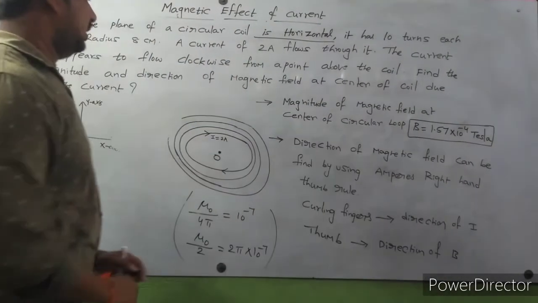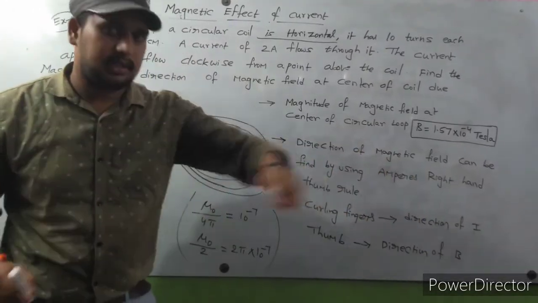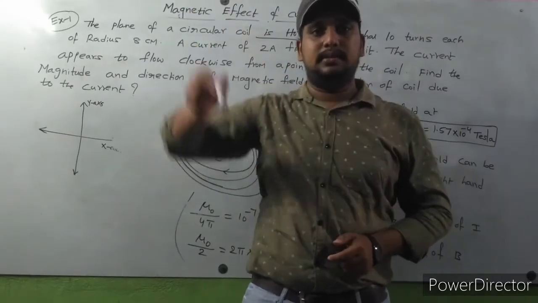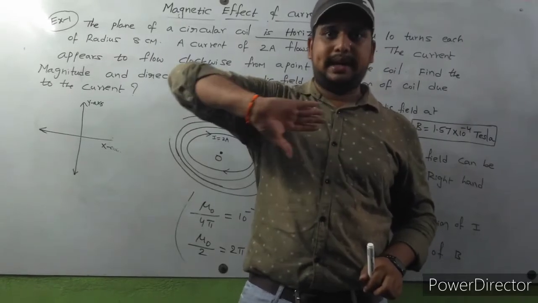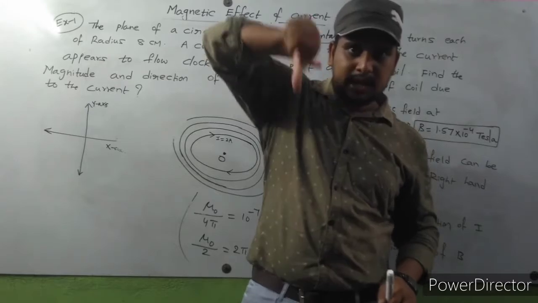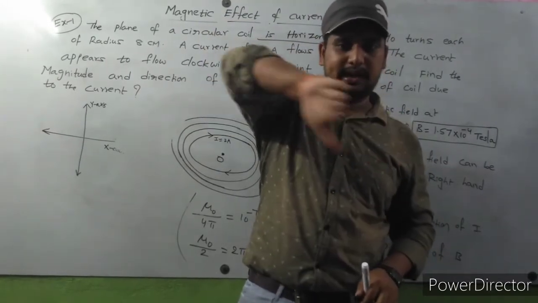Here this is horizontal, and vertical means this is vertical. So here the current is in clockwise direction. Clockwise direction means the magnetic field is into the page.